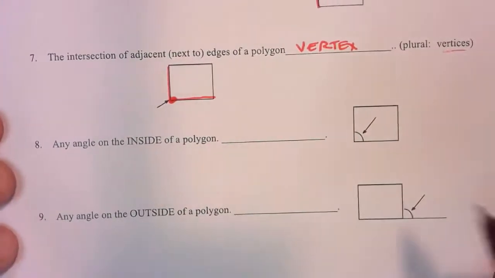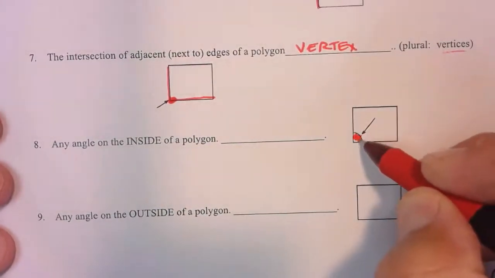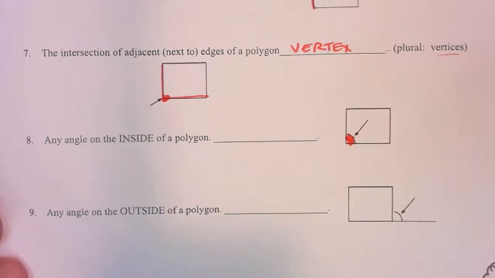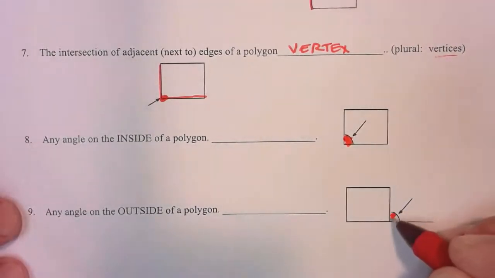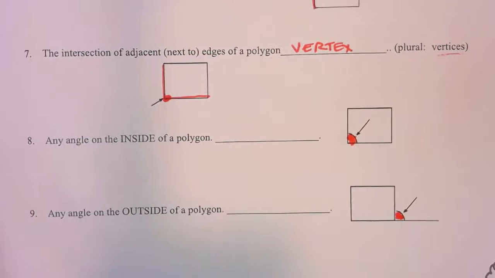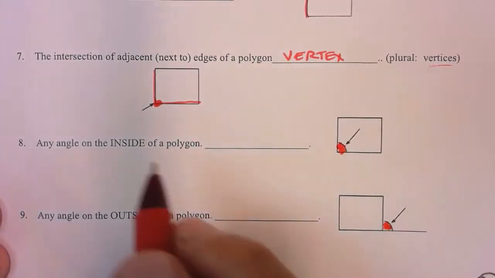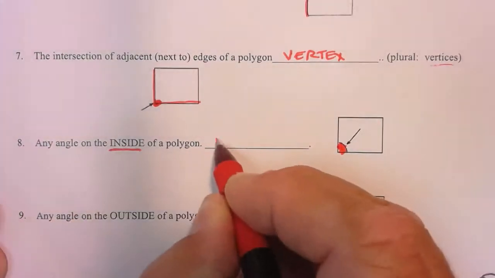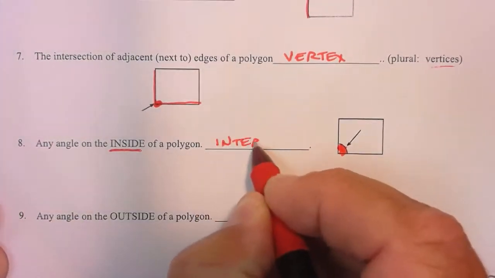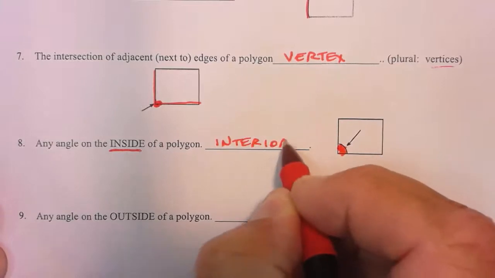And then finally, at the bottom of this page, you'll notice that this angle is on the inside of the shape, and this angle is actually on the outside of the shape. And you already have heard these words before in your vocabulary. If an angle is on the inside, it's in the interior.